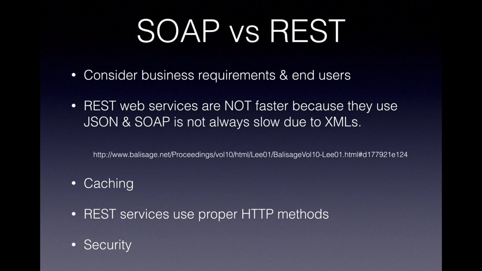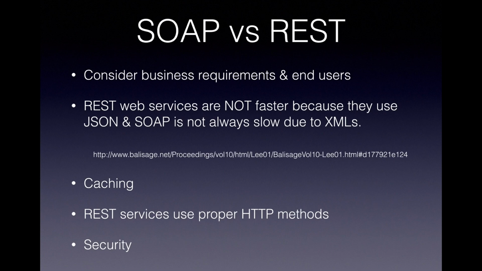The last point, and the most important point while deciding the web service approach, is security. SOAP web services have been available for a long period of time now, and the way to secure your SOAP web services is WS security. This is an industry standard. But when you are building your RESTful web services, they do not come with default security features.